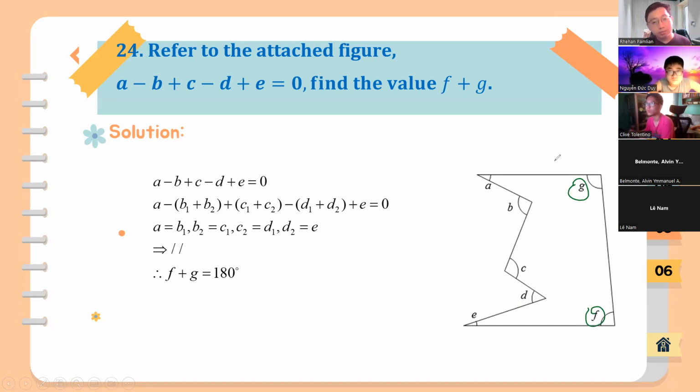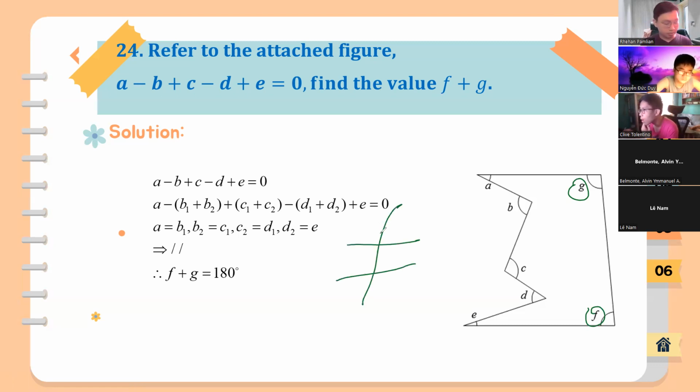But remember what you have to check here, guys, is that we have this identity: if there are two interior angles on the same side, in a transversal, with parallel lines.